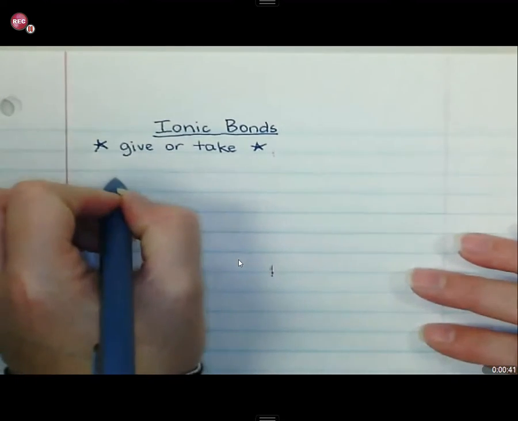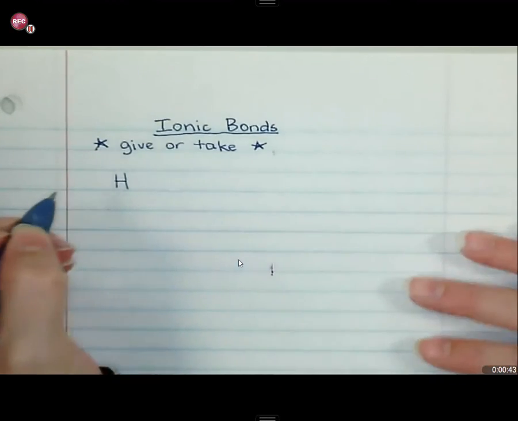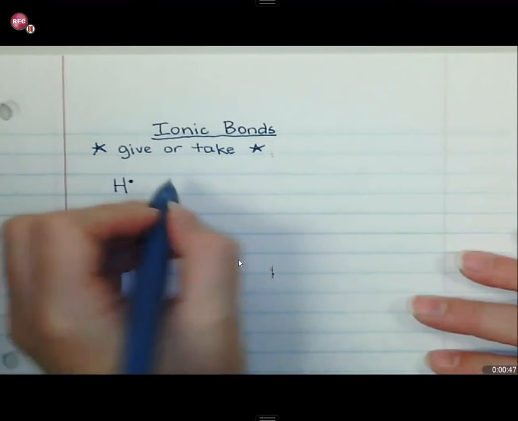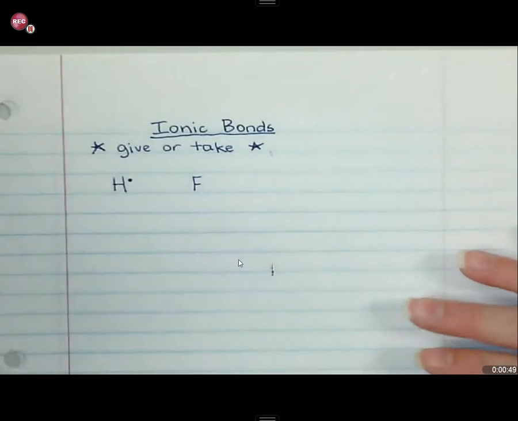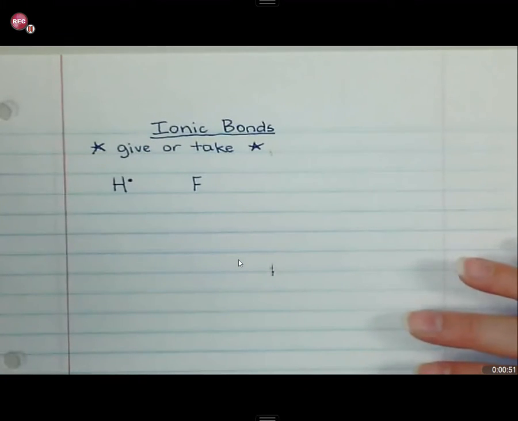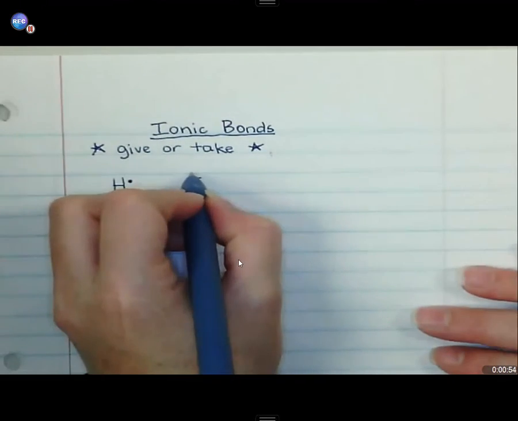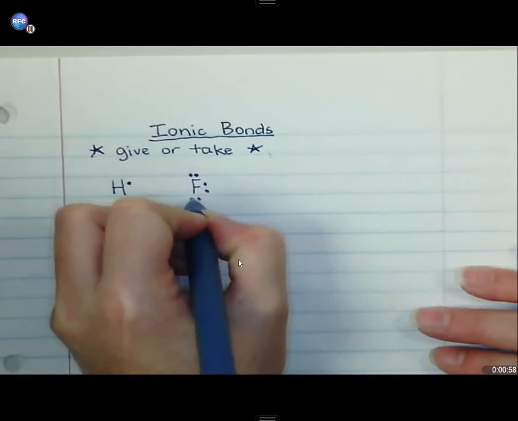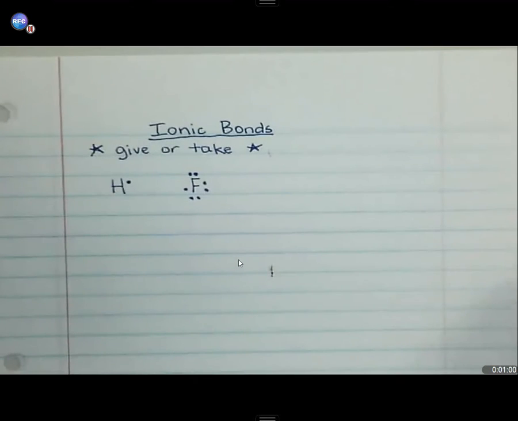For example, we have H, and we know it's in group 1, which means it has one valence electron. And then we have fluorine, it's in group 17, which means it has 7 valence electrons. So we're going to put our 7, 1, 2, 3, 4, 5, 6, 7. And remember that the rule is octet. Octet rule means that 8 makes them full and happy.